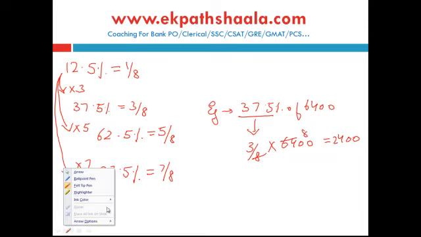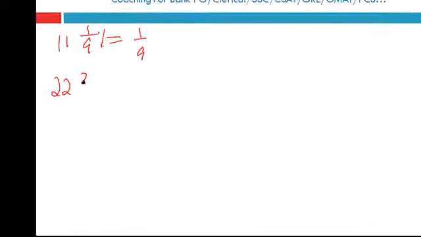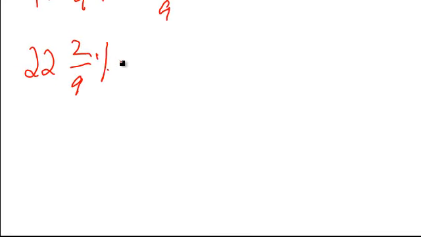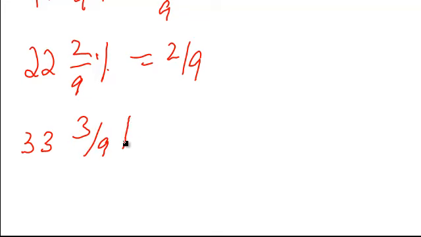Now moving on further, 11 1 by 9% is 1 by 9. Multiplying both sides by 2, it becomes 22 2 by 9%, and on the right hand side it is 2 by 9. 33 3 by 9% is 3 by 9.